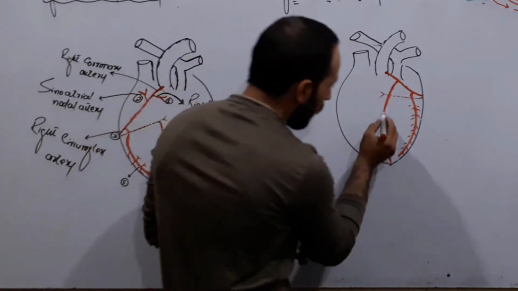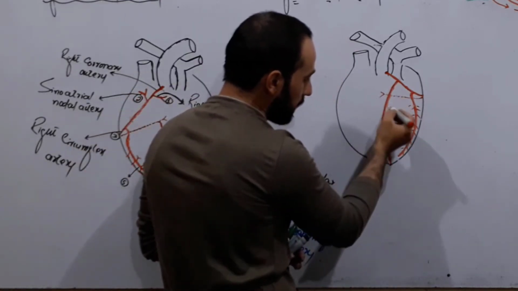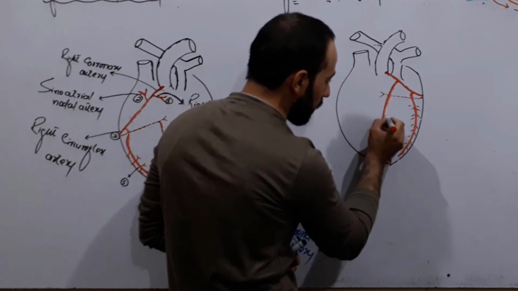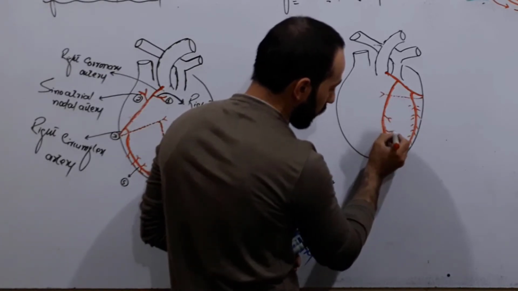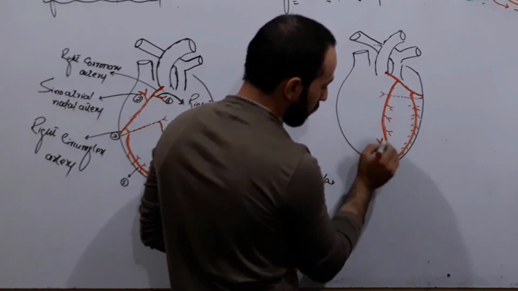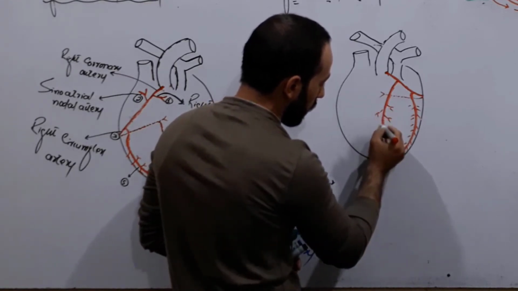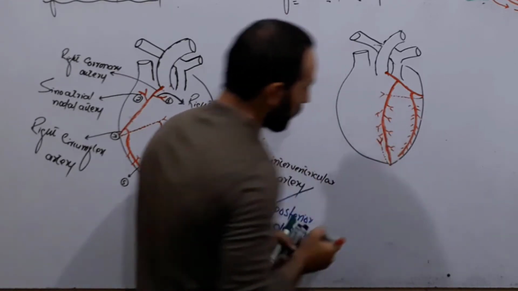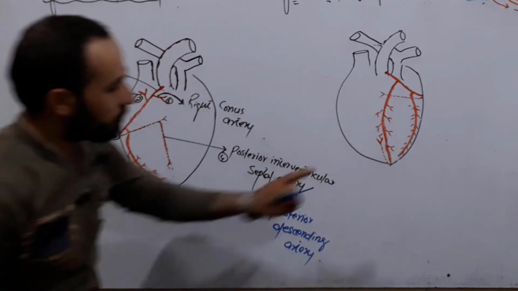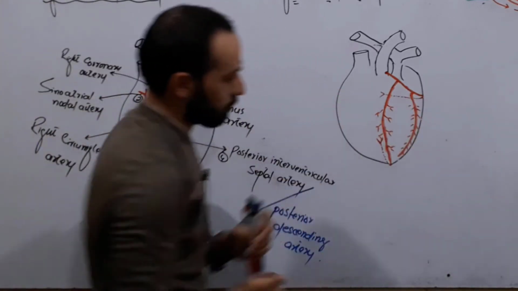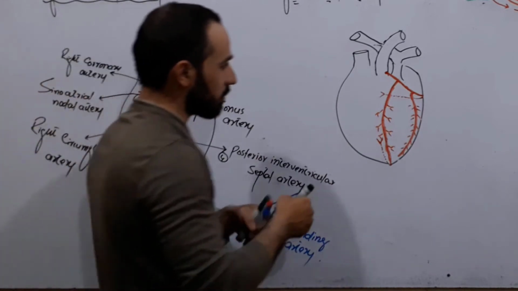Clear? Okay. This anterior interventricular septal artery gives us small branches, and these branches supply the left ventricle and the septum from the anterior aspects. So this is our left coronary artery. Now let's name them.